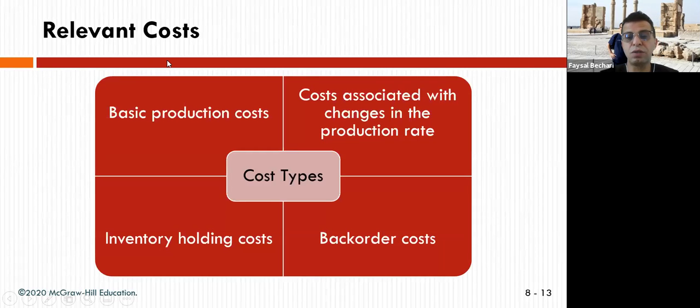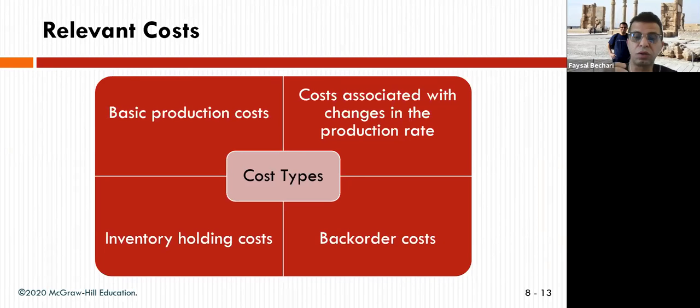Now, whatever your strategy is, there is a cost relevant to it. There is the basic production cost, and you need to take that into consideration. There is a cost associated with changes in the production rate. If you increase by one more unit, how much cost is incurred? We brought the example of turbine electricity. When we try to add one more, the cost goes very high.